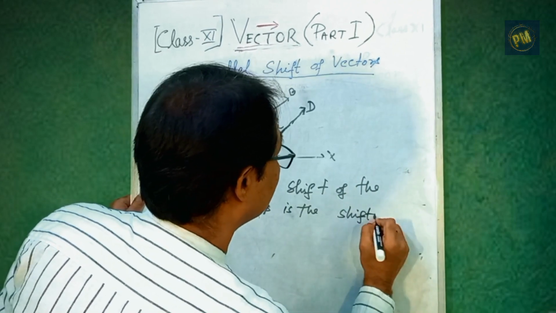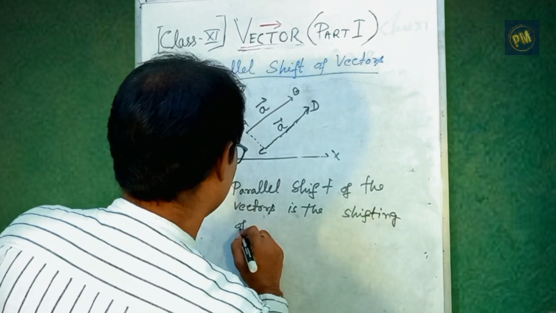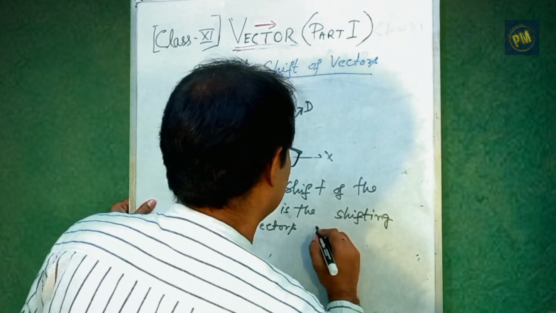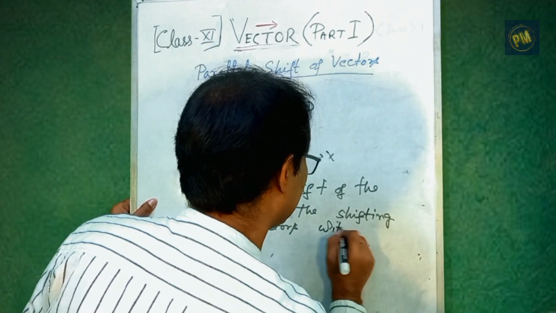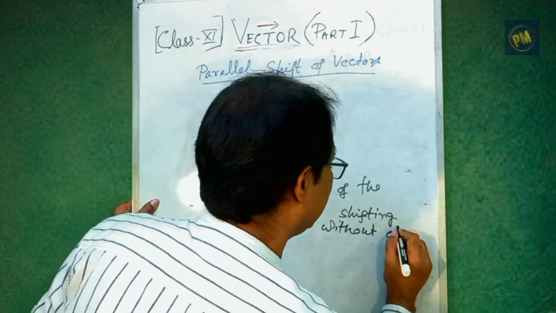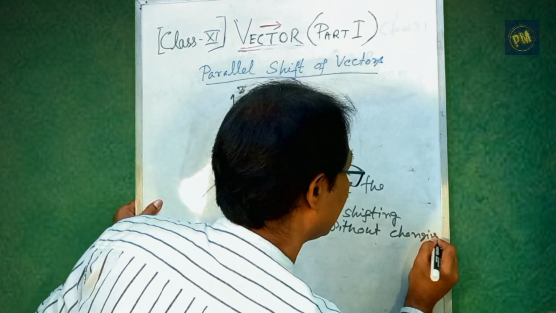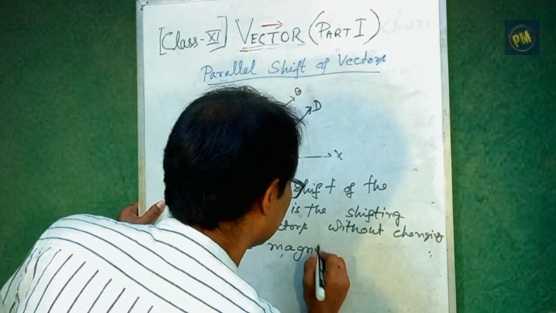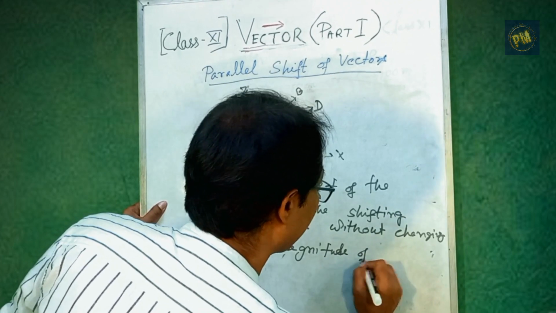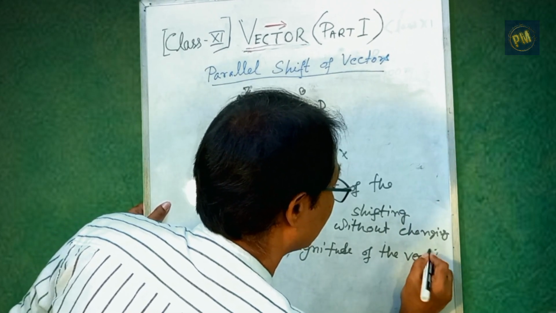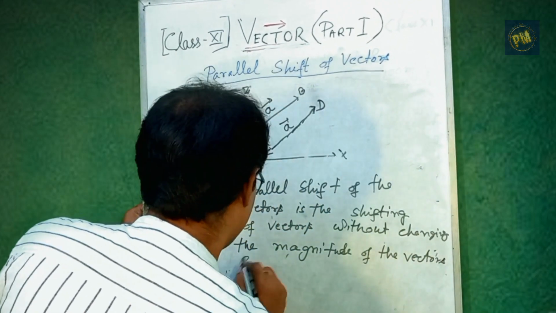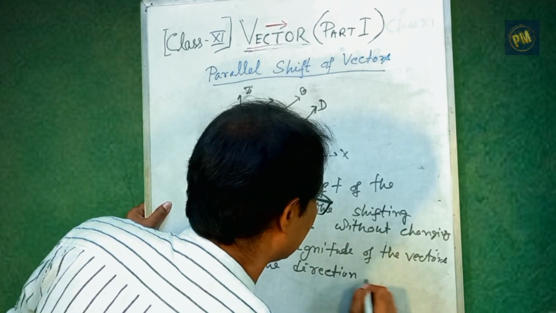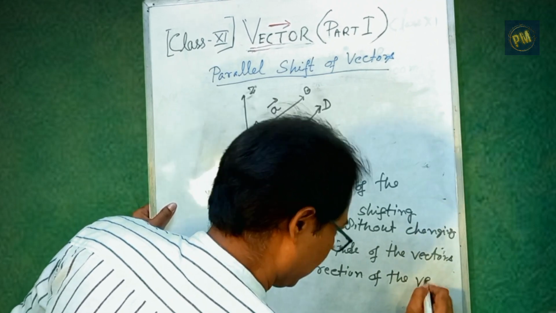is the shifting of vectors without changing the magnitude of the vectors and the direction of the vectors.